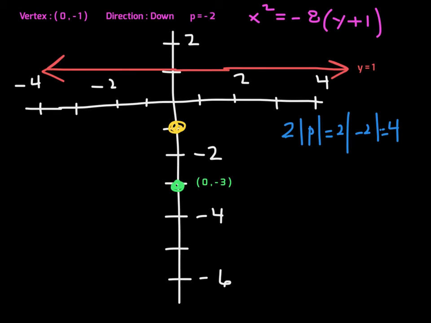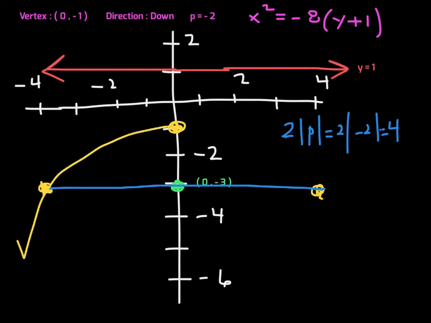So 4 units to the right of the focus would put me at 4, -3, about right there, okay? 4 units to the left will put me at -4, -3. And so the lattice rectum looks like this, like that, and my parabola can be drawn now like this. I know how wide it's opening, okay?